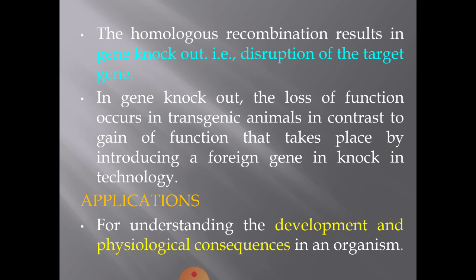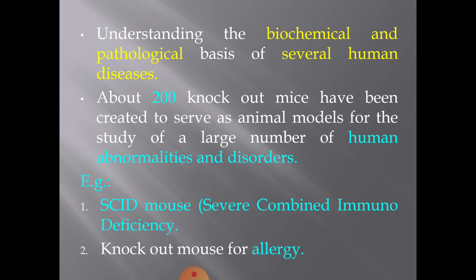That's how you can understand which gene is responsible for which particular physiological function or development. Then, it helps us to understand the biochemical and pathological basis of several human diseases.